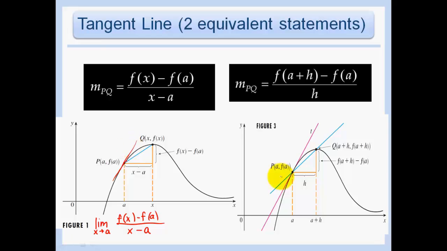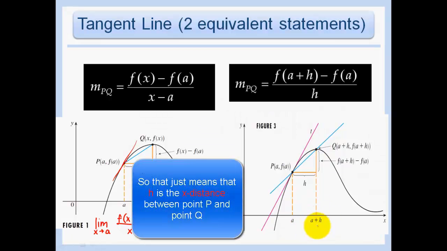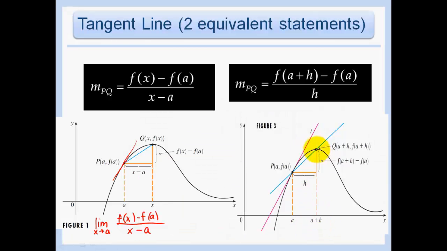Another way to say this is if I pick some x-coordinate A and then I pick another x-coordinate really close by, A plus h, as I get these 2 points really, really close together, that would approximate my tangent line there. So what would the slope between P and Q be?